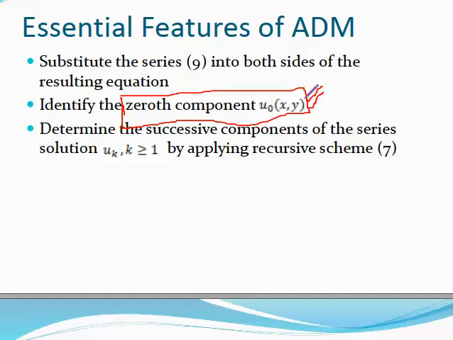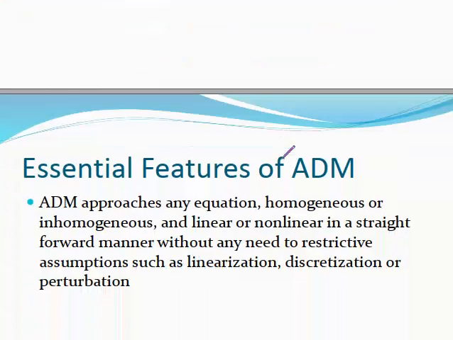And once you find the zeroth order solution, all other solutions can be found by using it. This is a recursive process in which the solution of the next term depends on the solution of the previous term, and the process goes on, and we will have the solution for the nonlinear or linear differential equation.